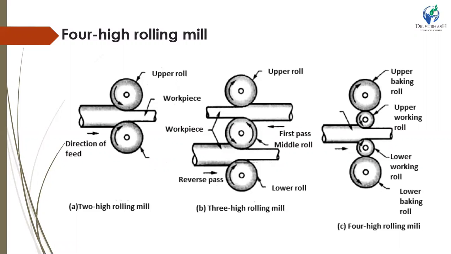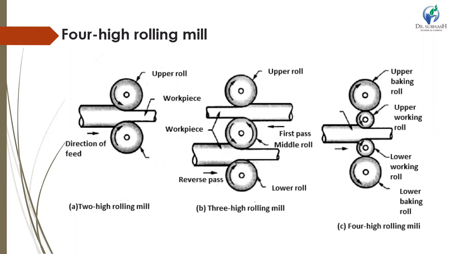The larger diameter rolls are backup rolls, and they are used to prevent deflection of the smaller rolls, which would otherwise result in thickening of the plates and sheets at the center.